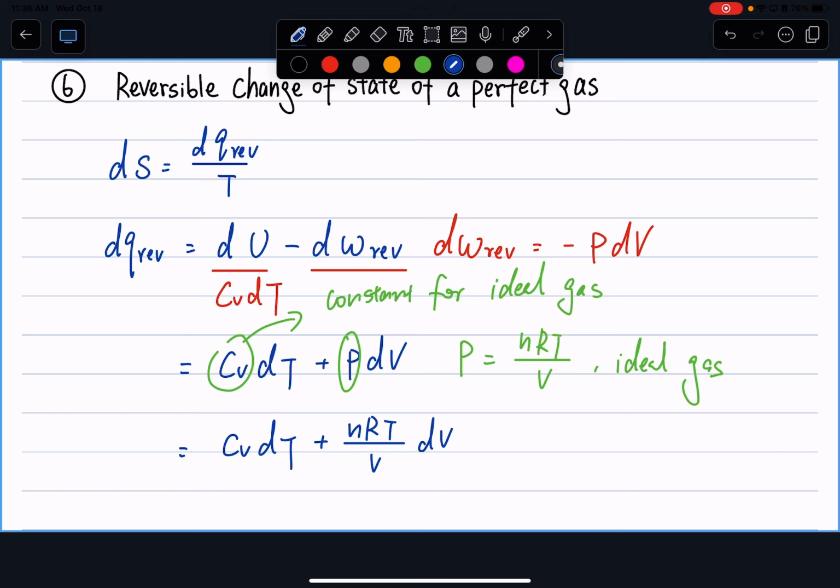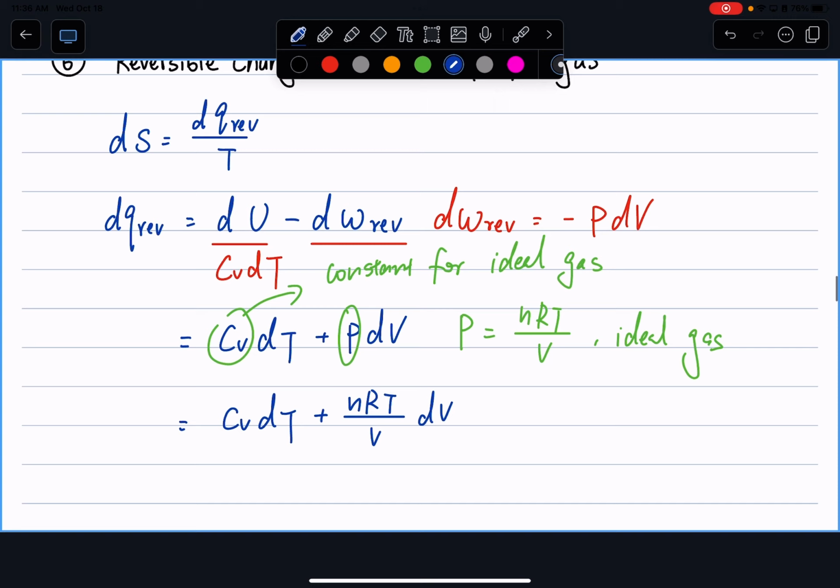So taking it together, the expression of dS gives you Cv over T dT plus nR over V dV. That's just moving the 1 over T, dq reversible over T, here.